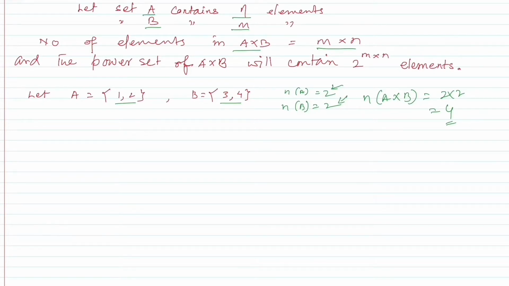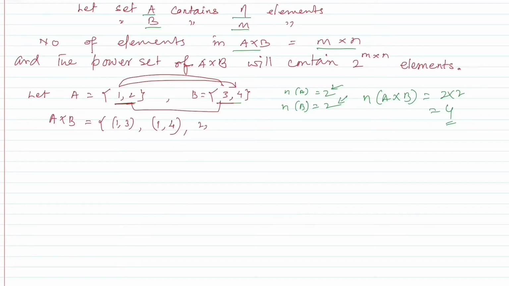Let me show you with an example. As we have taken these two sets A and B, let's find A cross B. The first ordered pair is 1 comma 3, another ordered pair is 1 comma 4, then the next ordered pair is 2 comma 3, then the next one 2 comma 4.